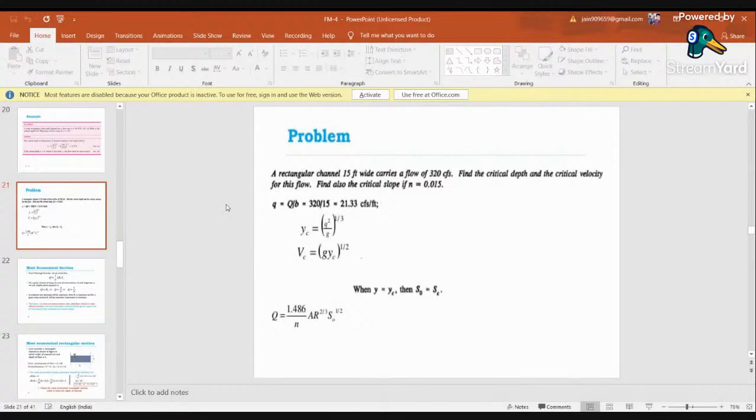Just put all the values and you will get the answer for the critical depth, that is yc, and critical velocity vc. And you have to find out the slope, that is S0. So you can calculate R, you can calculate A, you can calculate discharge also. So put all the values, you will get the value of S0.